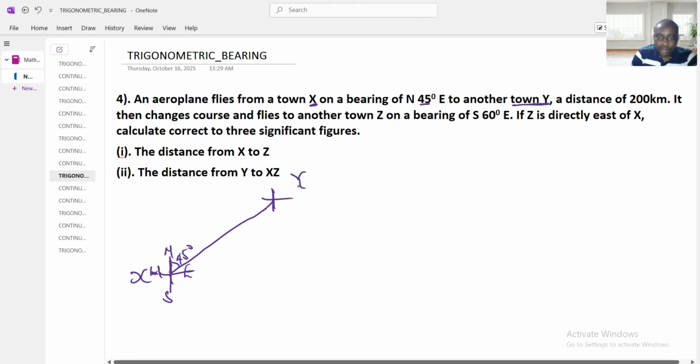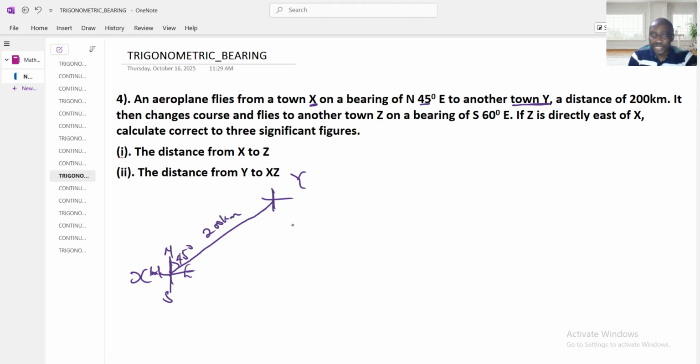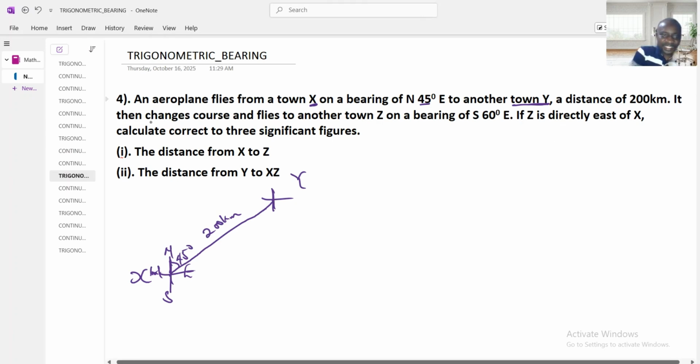This is Y, isn't it? And a distance of 200 kilometers. That's what it achieved, so you write 200 kilometers for the distance. It then, when the question says then, it means that from where it stopped, it begins another journey, changes course, and flies to another town Z on a bearing of what? 60 degrees.